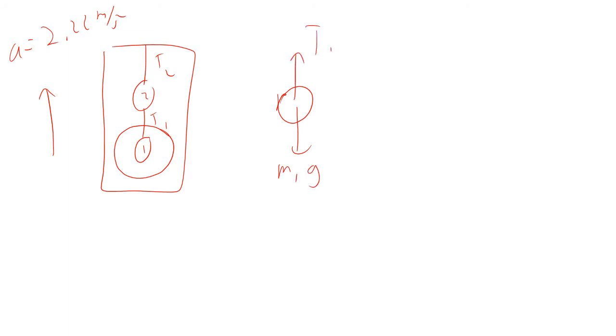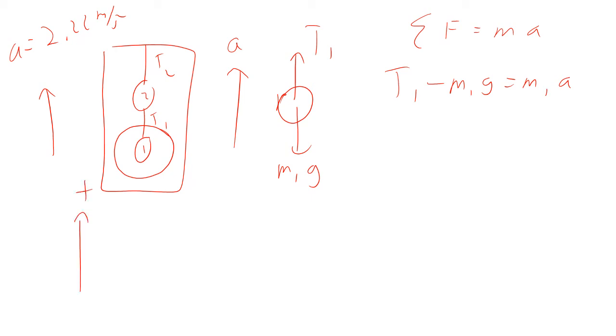We have an upward force tension, but I know it's accelerating upwards. So the sum of the forces has to equal MA. So T1 minus M1G equals M1A. The tension is positive because that's in the direction of the acceleration. I'm going to say the direction of acceleration is positive, because I don't like minus signs. The weight is in the other direction.